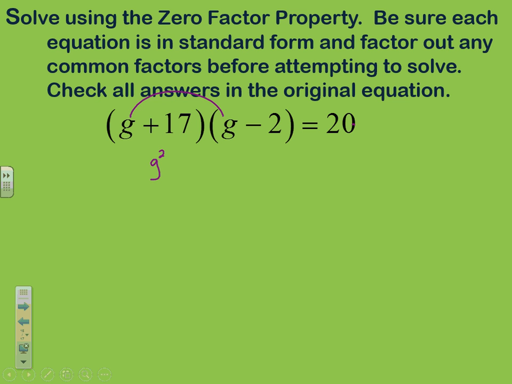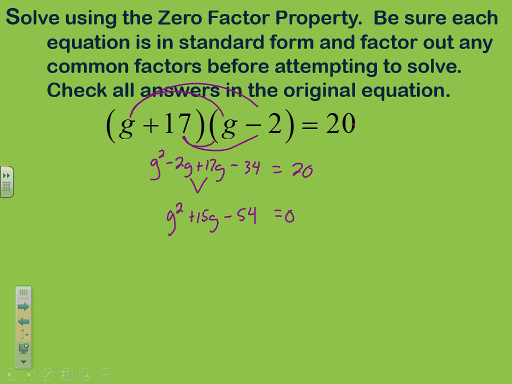So g squared, and then here I'm going to get minus 2g plus 17g minus 34 to be equal to 20. Now these like terms will combine, and I'll get g squared plus 15g, and if I move the 20 from the right side over to the left side, I'll get minus 54 to be equal to 0.